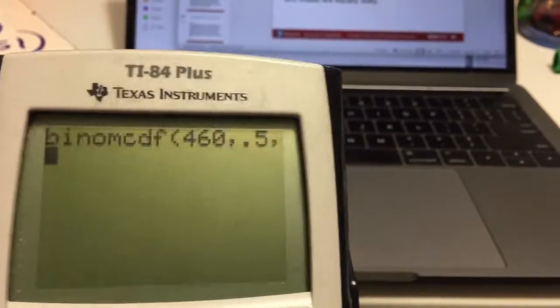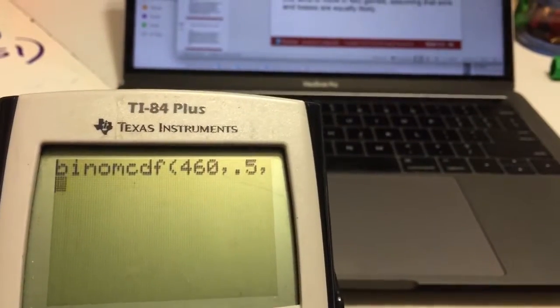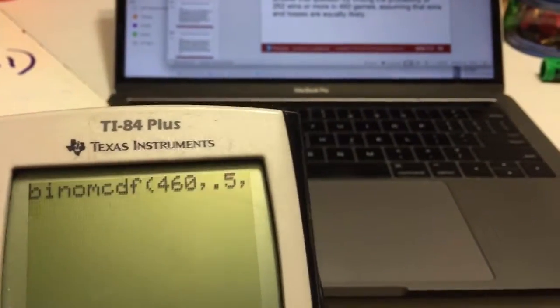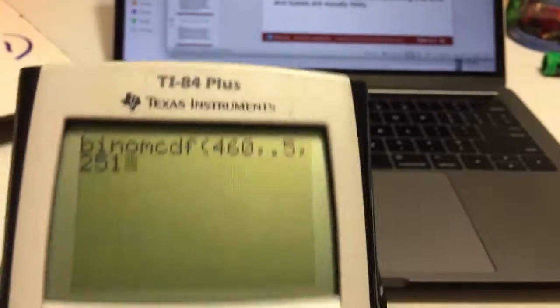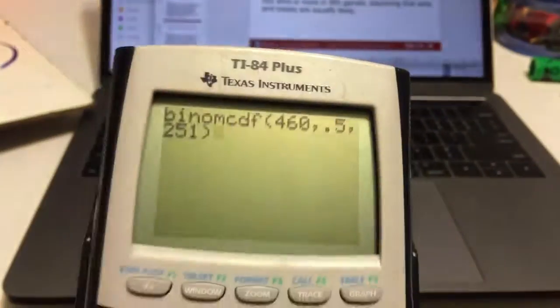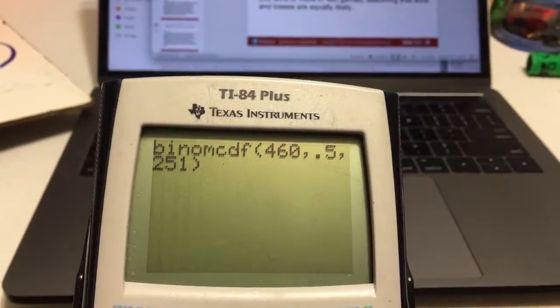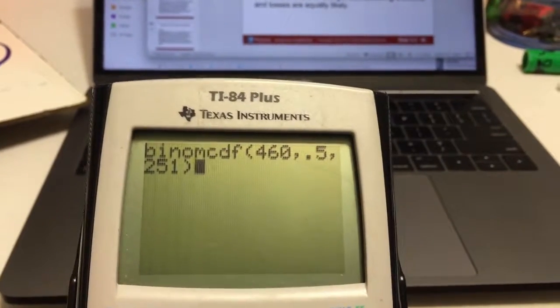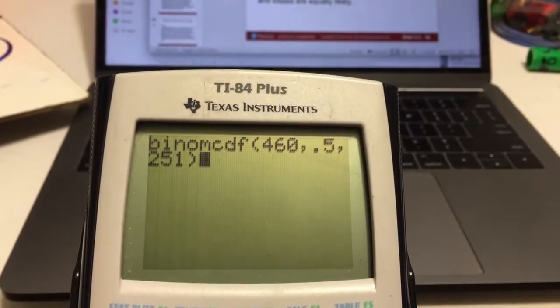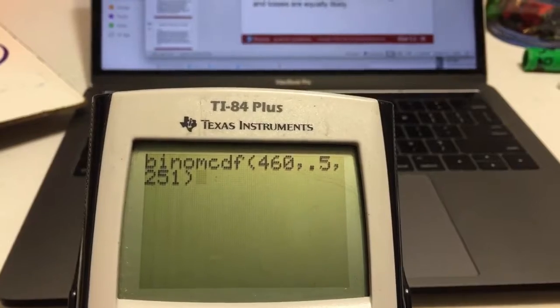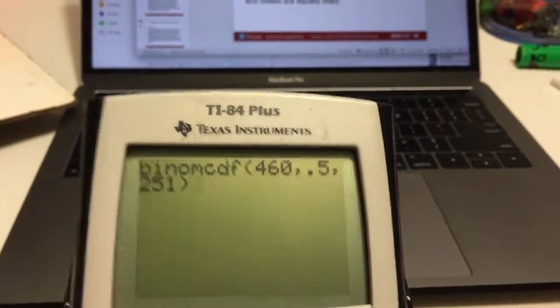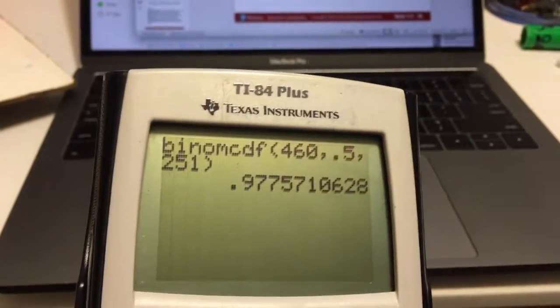And then we're going to put, instead of 252, we're going to put 251. And since this is cumulative CDF, it's going to get the probability of everything from 0 tosses all the way to 251 tosses.